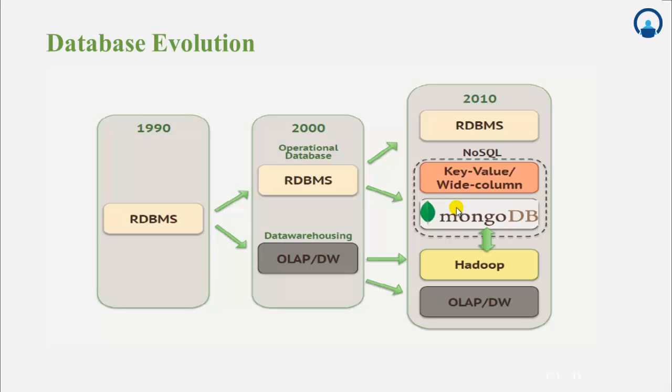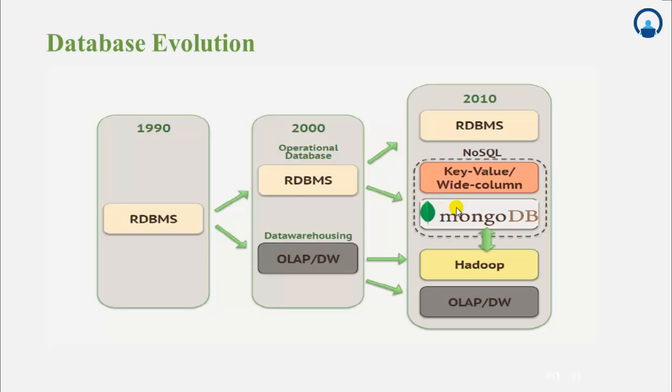If you look at the history of how databases have evolved over the decades, we go back to the 1990s where you had relational databases fundamentally driven by CODD's rules, typically what we call relational database management systems, or RDBMS for short. We would then move to the early 2000s where you would have operational databases, and data warehousing again became just about being seeded into modern day corporations around OLAP and data warehousing.